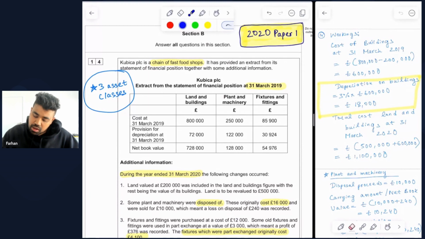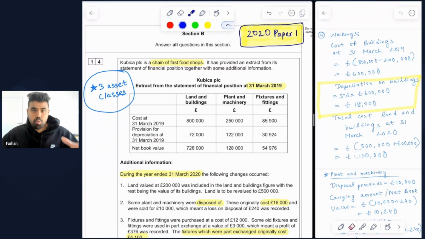Then I add the costs of buildings of £600,000, which is what we have derived from the first step of the calculation. And we also know that during the year, there are no additions nor any disposals. So once you do that, the total cost of the land and buildings together at 31 March 2020 is £1,100,000.